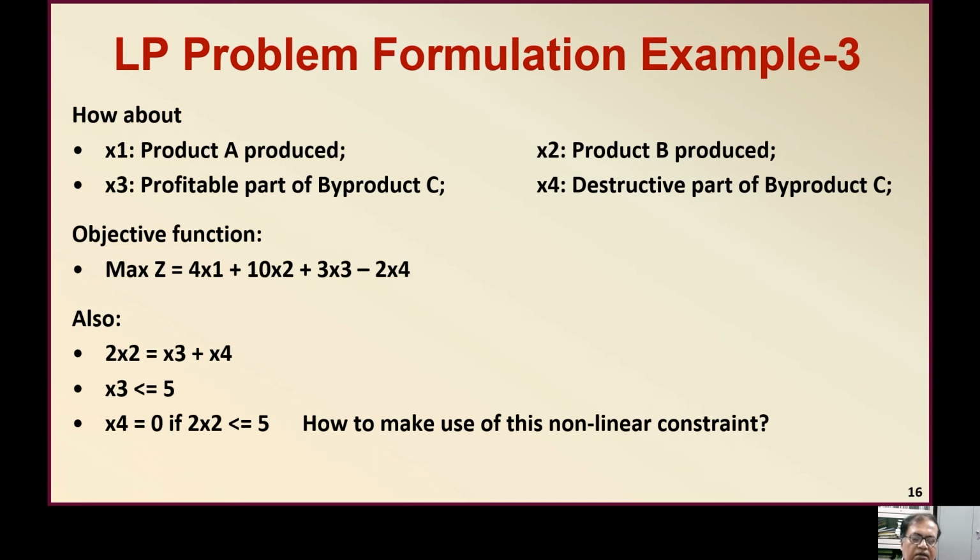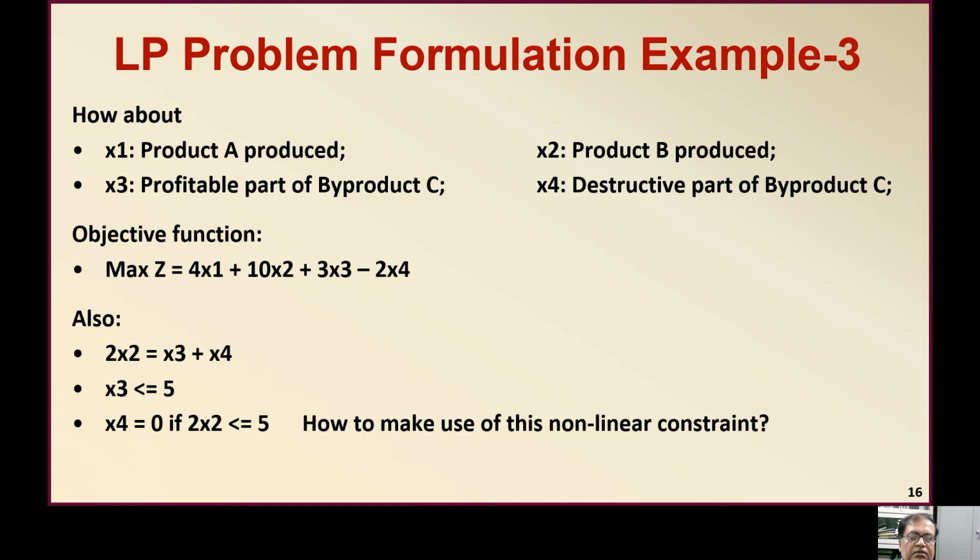Whenever you have a linear programming situation, it is good to take as many variables as you require. If you do so, expressing the problem becomes easier. Later on, if you want to simplify, you can perhaps reduce certain variables and make the problem simpler. But in the beginning, take as many variables as you might be requiring.